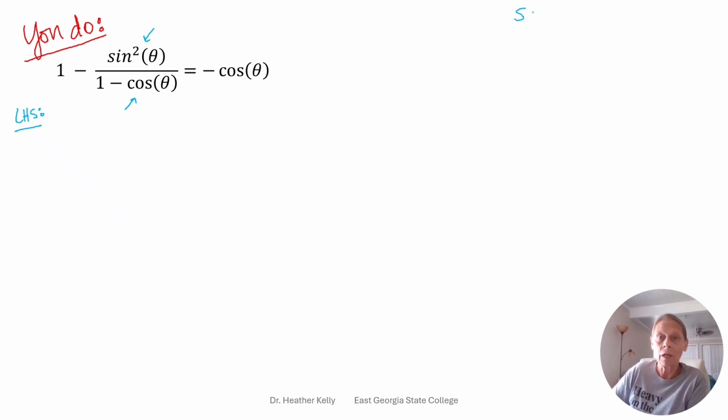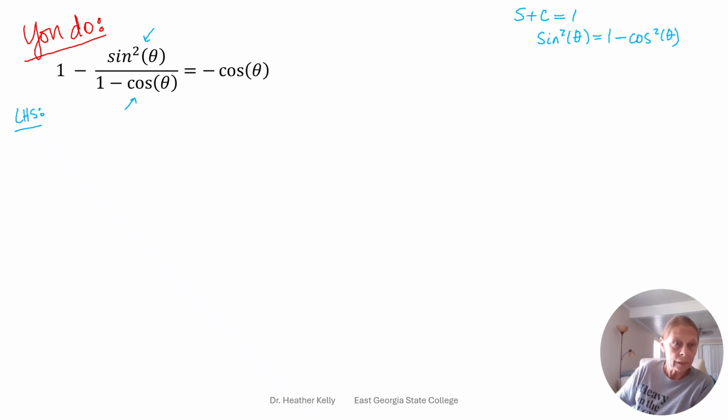Remember, we have sine squared plus cosine squared equals 1. So that means our sine squared is equal to 1 minus the cosine squared, and that's the difference of two squares. So that's the first step here.